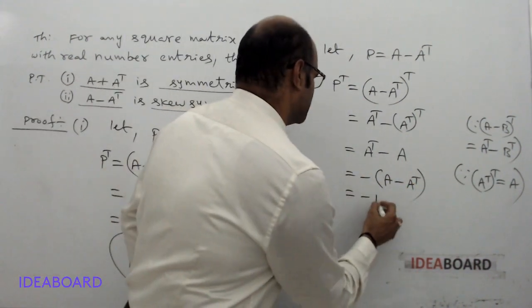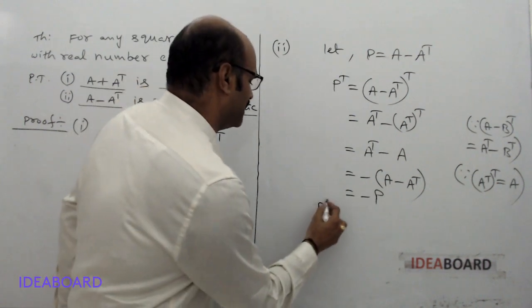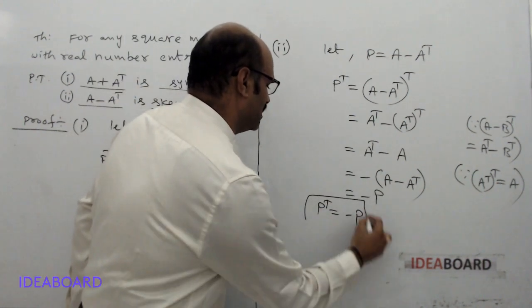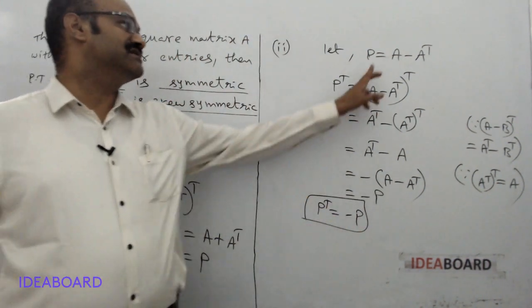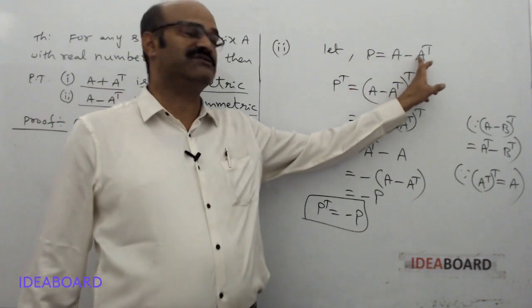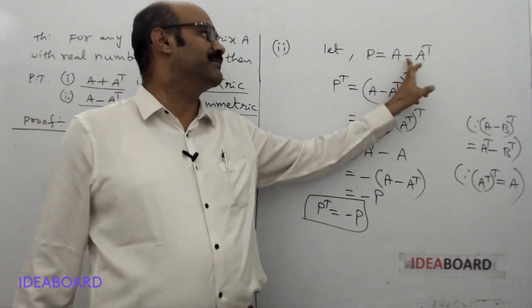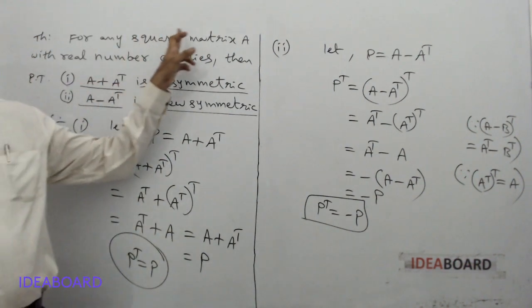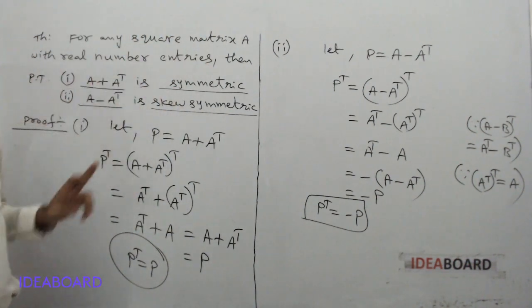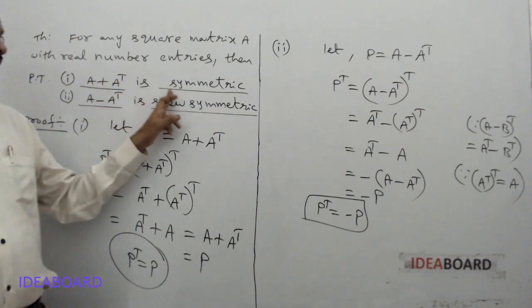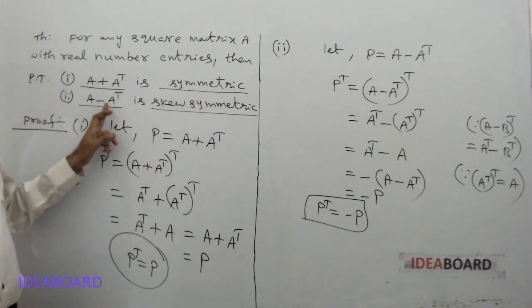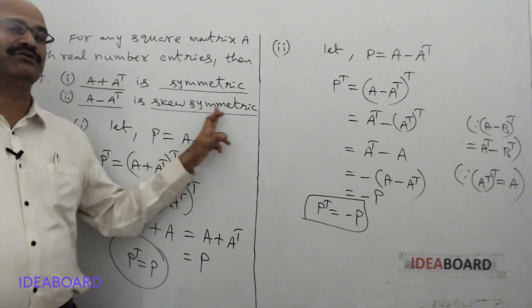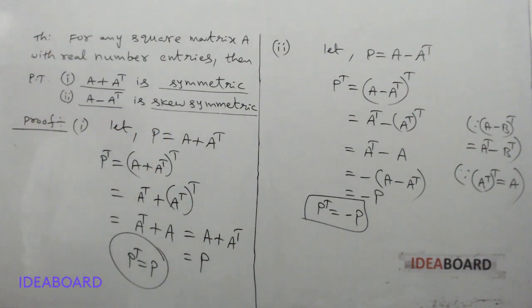So equal to minus P. Since P transpose equal to minus P, we say that P equal to A minus A transpose is said to be skew symmetric matrix. Therefore, whenever A is any square matrix with real entries, A plus A transpose is always symmetric and A minus A transpose is always skew symmetric.